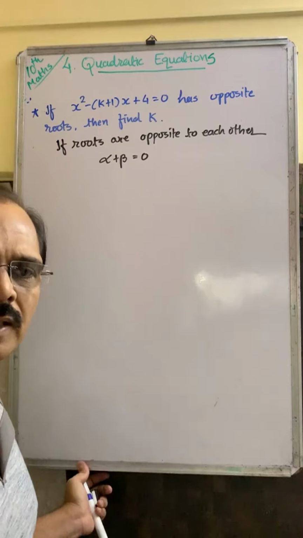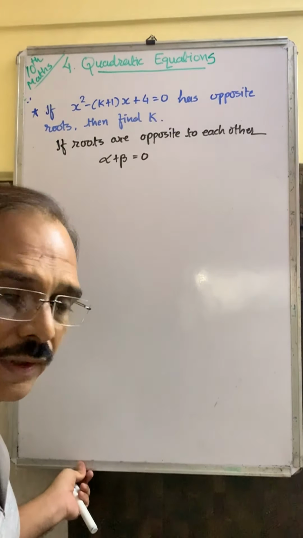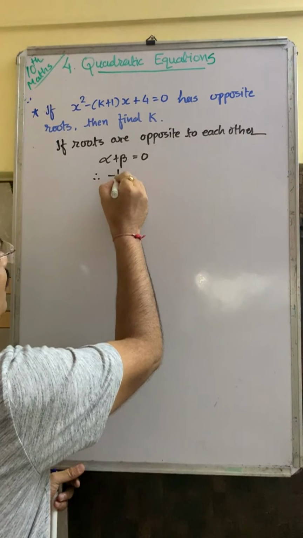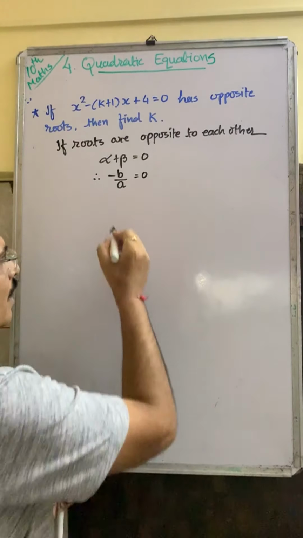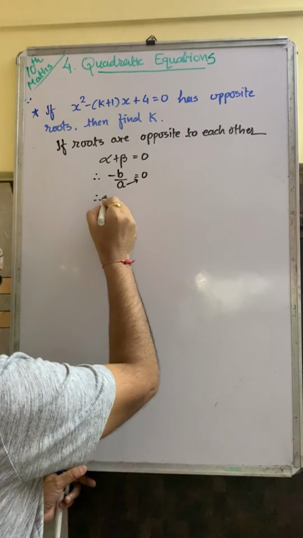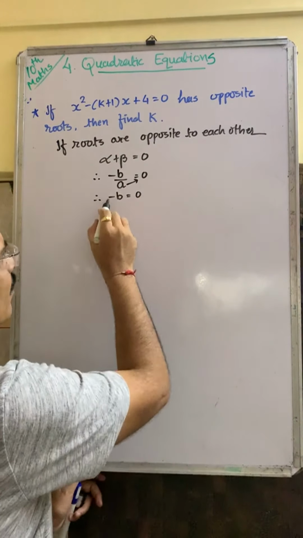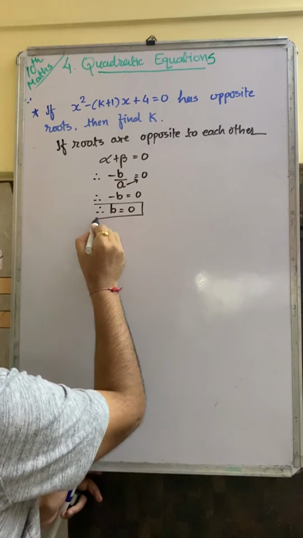So alpha plus beta, 5 minus 5, is 0. Now you know the derivation, you know the formula of alpha plus beta. Alpha plus beta is minus b upon a, and that equals 0. If you take a this side, then minus b equals a into 0, which is 0. Take the minus sign other side, 0 has no sign, so I can write b equal to 0.